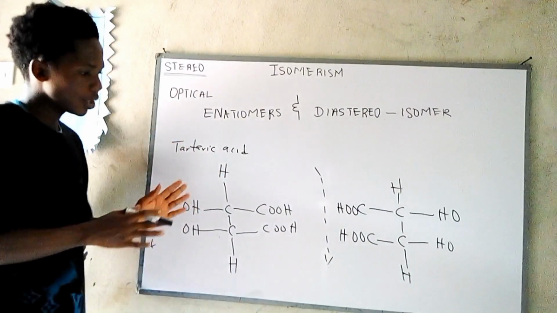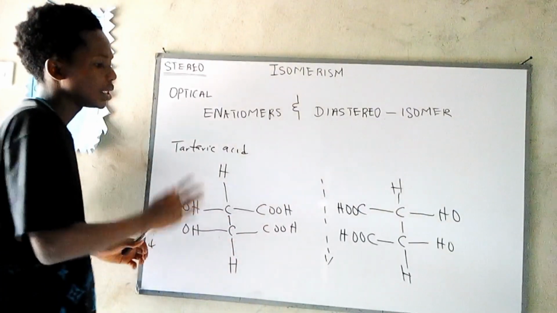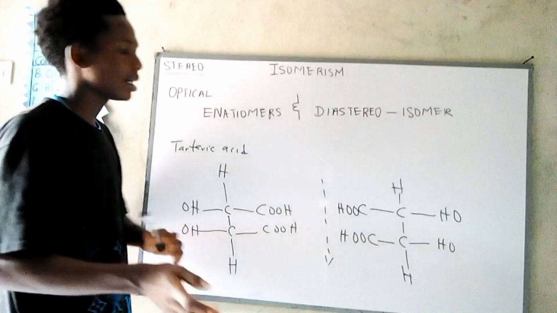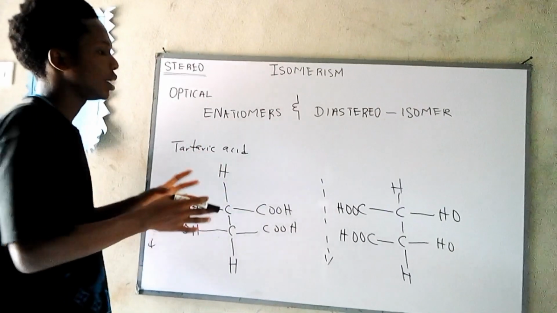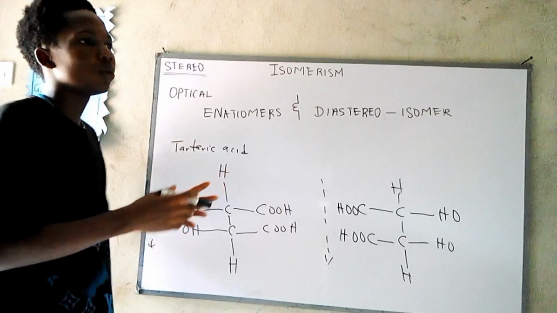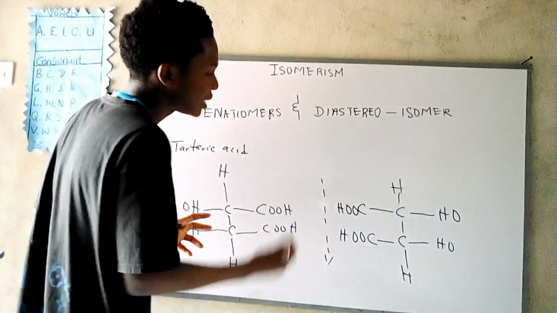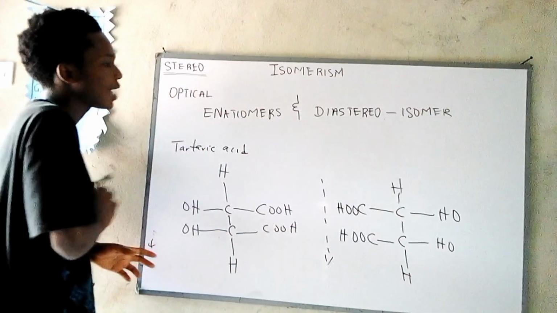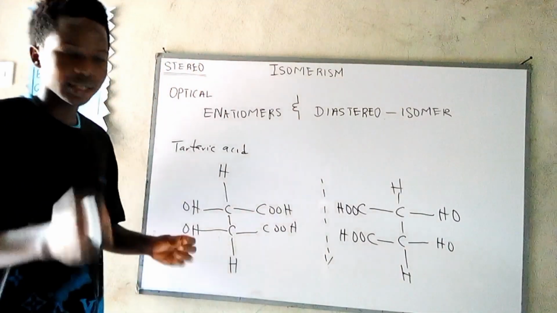So it can actually rotate and produce an enantiomer, which is exactly opposite or laterally inverted image of itself. But also, there's a way it will try to polarize the light. It will be able to produce exactly the same opposite image of itself, which is why it can classify under enantiomers and diastereoisomers. Okay, do we understand?